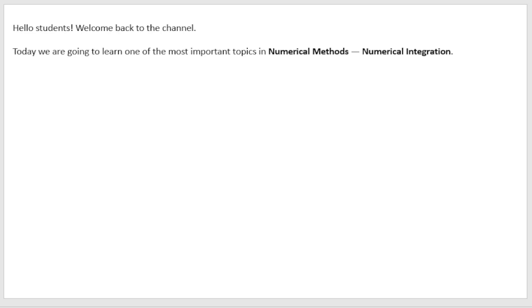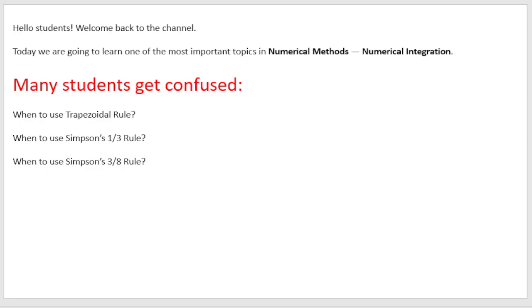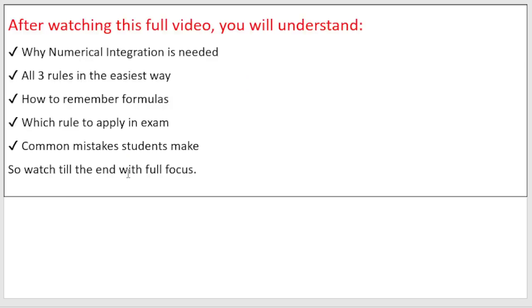Today we are going to learn one of the most important topics in numerical methods, numerical integration. We will learn three important rules. Many students get confused about when to use the trapezoidal rule, when to use Simpson's one-third rule, and when to use Simpson's 3 by 8 rule.